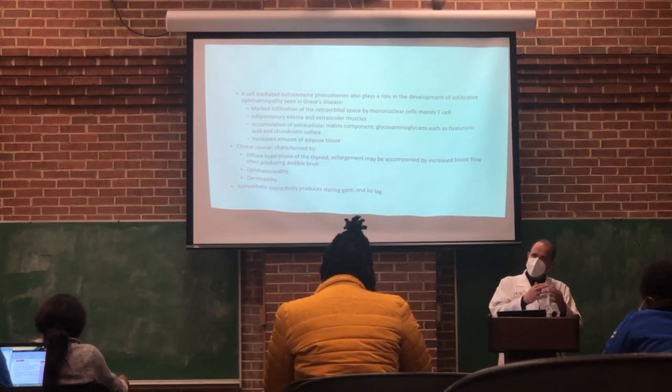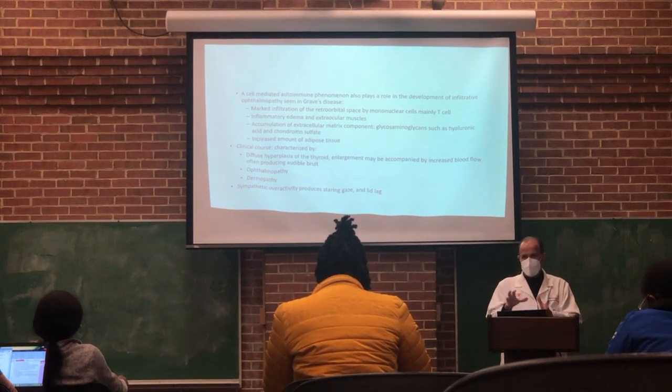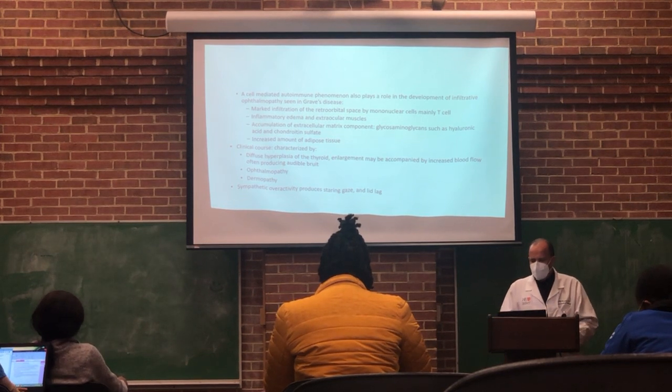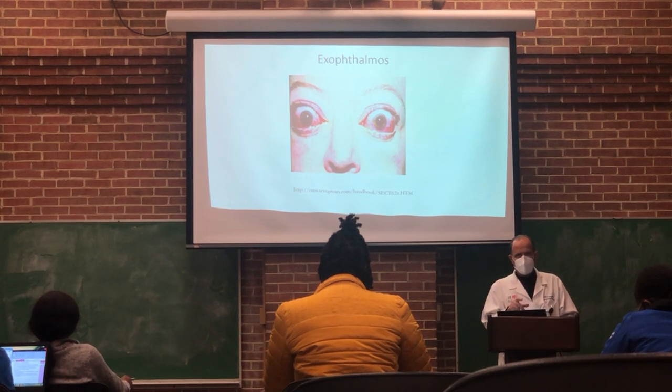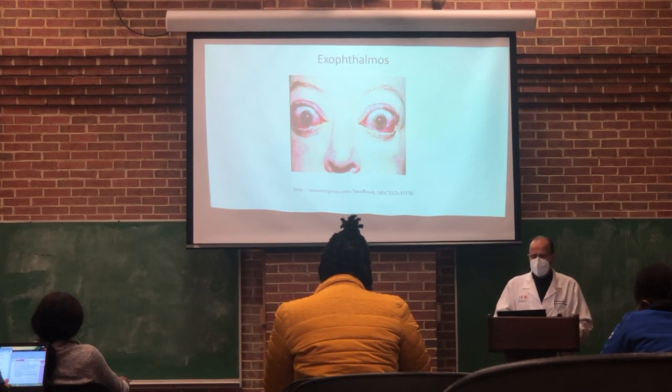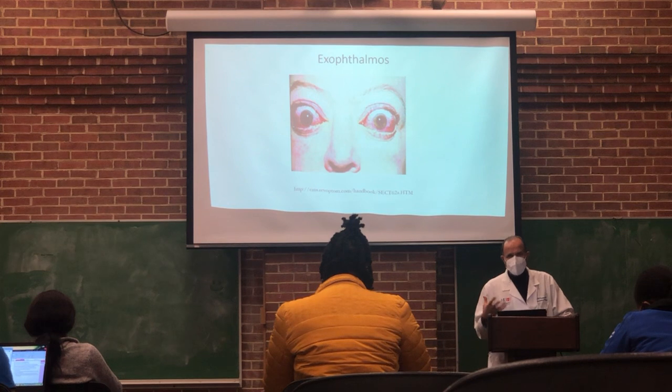There is also the cell mediated component. There are lymphocytes that also stimulate the tissues, and a very characteristic sign is exophthalmos. This exophthalmos is a sign of Graves' disease. The explanation, as I told you, is autoimmune disease mediated by certain lymphocytes.